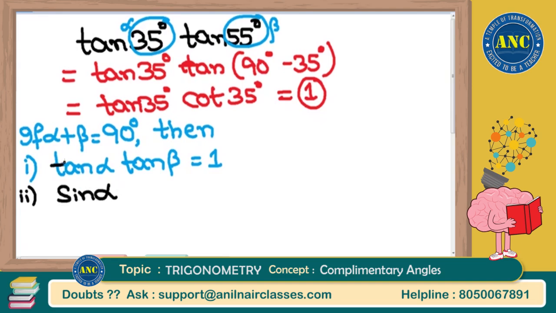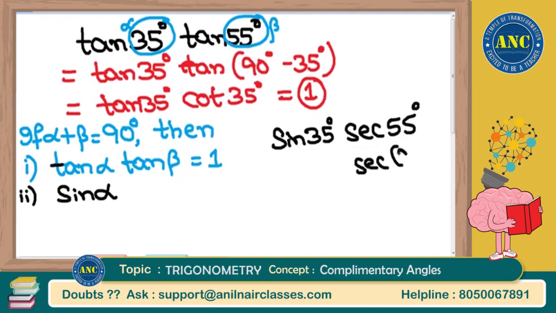Now think logically. Suppose I have sin 35 degrees, and I have secant 55 degrees, for example. I am just explaining one logic for you. Can I write this secant 55 as secant of 90 minus 35? Secant of 90 minus 35 is cos 35.